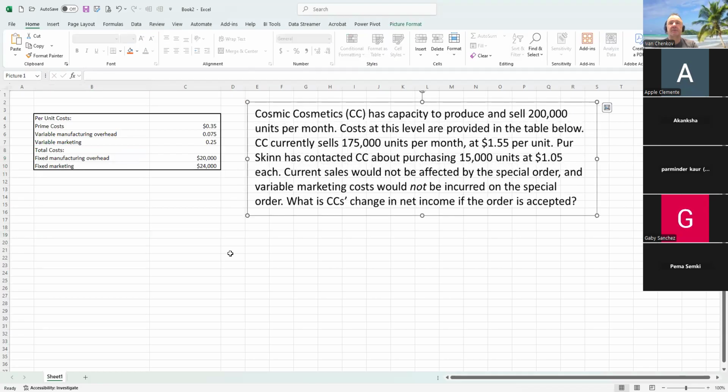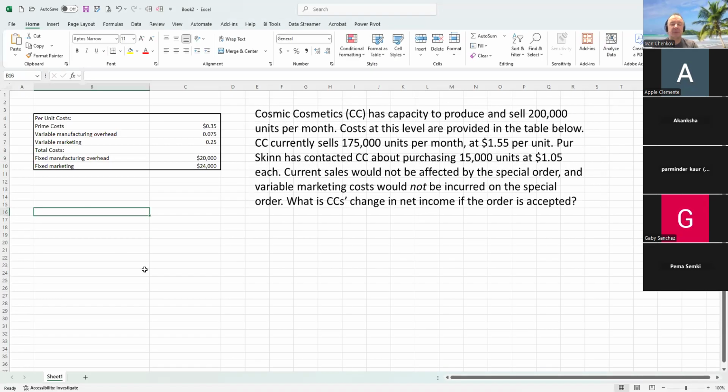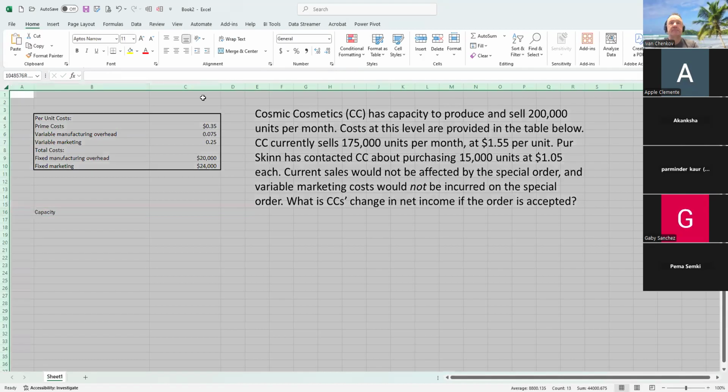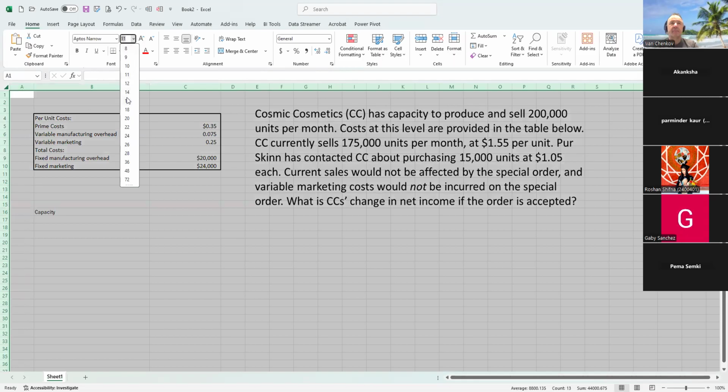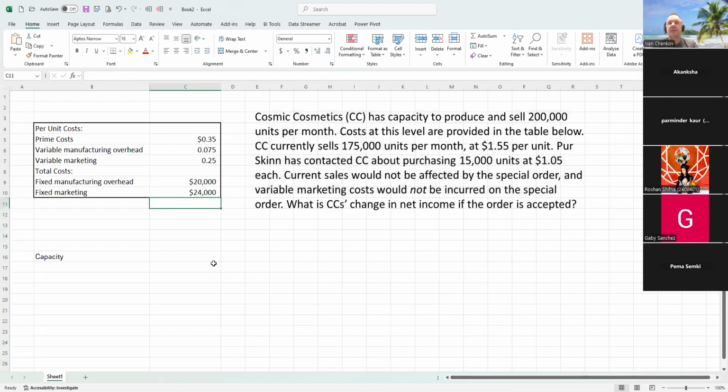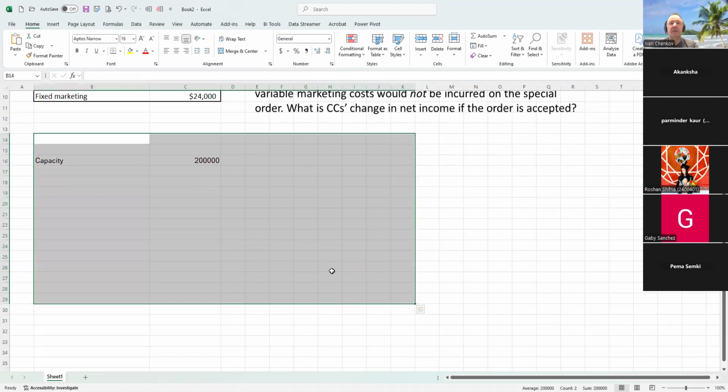This company has capacity. So what's our capacity? Can you see the capacity? Yes. How much is our capacity? 200,000. 200,000 is our capacity. Now the question is, where are we on the capacity side?